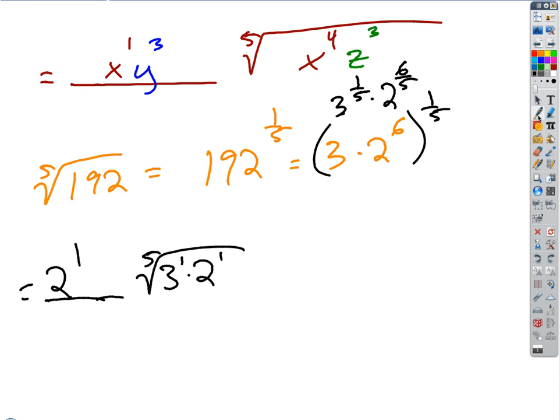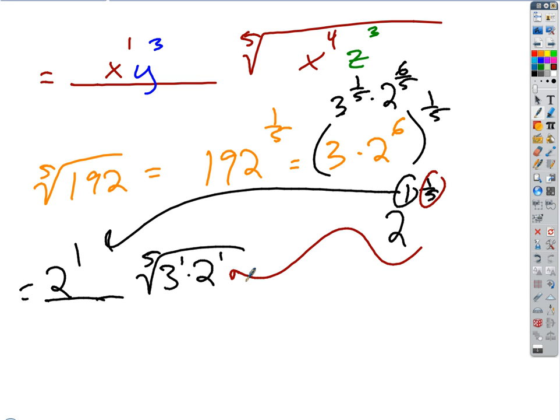Everybody see that? So the 3 gets stuck inside, but the 2 to the 6/5 is the same thing as saying 2 to the 1 and 1/5. So that's the part that goes outside, and this is the part that goes inside, just like we did with the exponents.